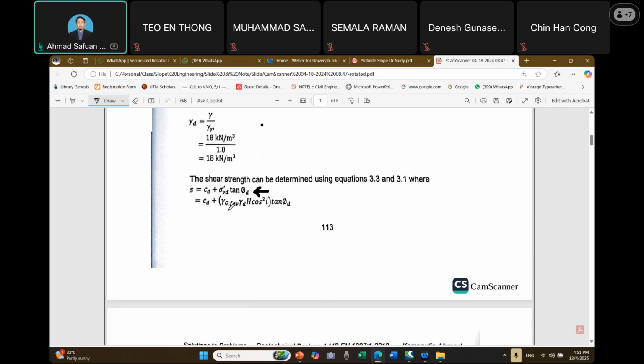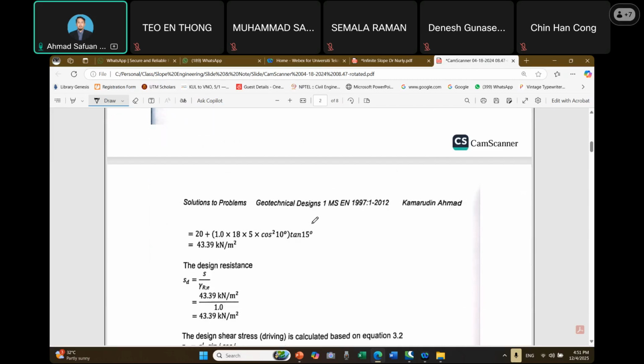Then we multiply the action with the partial factor of safety. For this case, it is favorable, times the unit weight times the height. At the same time, the full equation is cos square i, for the sigma times tangent phi d. So the S value is equal to 43.39.